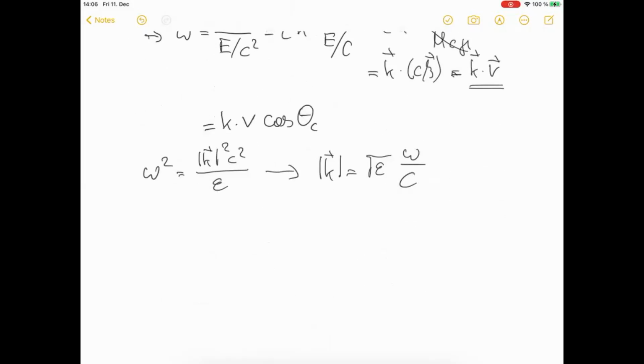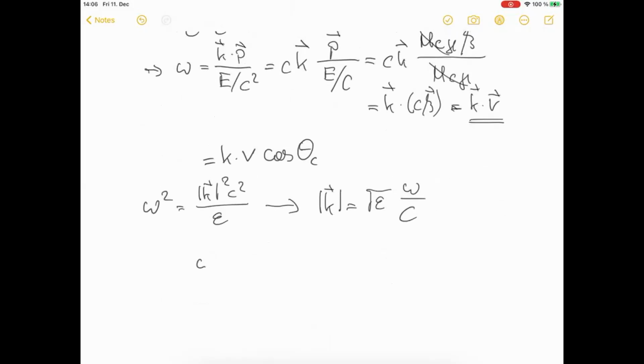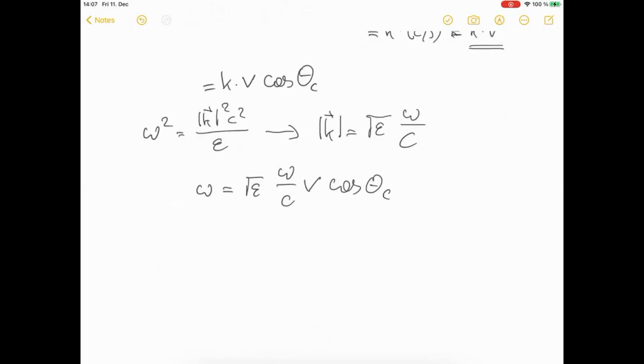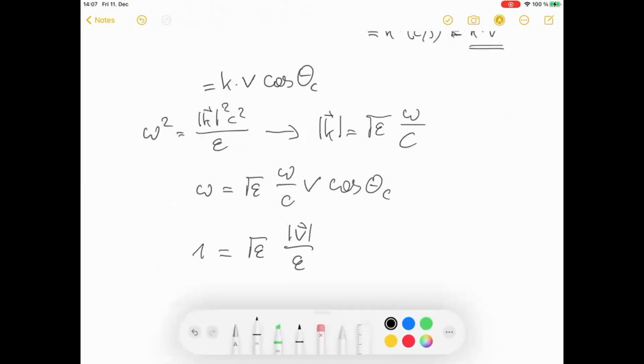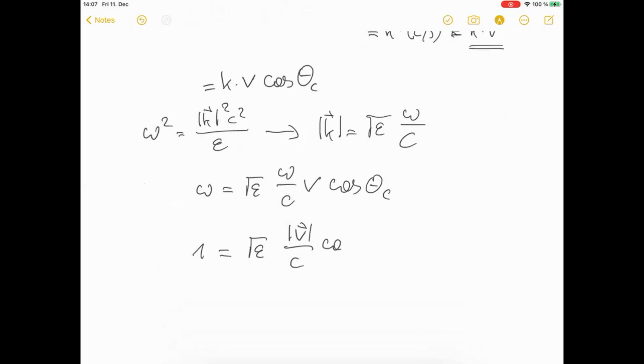And we can now put the two equations together and write omega equals square root epsilon times omega over c times v times cosine theta c, and suddenly omega cancels left and right, and we find 1 equals square root epsilon v divided by c times cosine theta c.